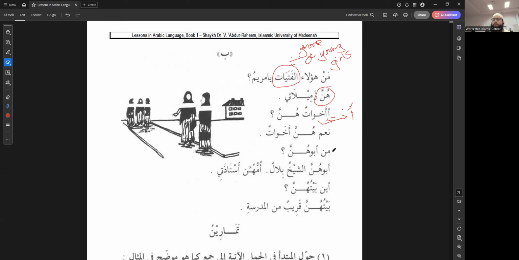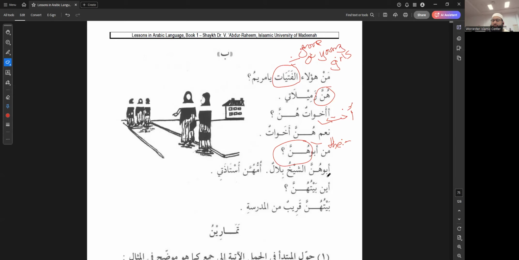Naam, hunna akhawatun. Yes, they are sisters. Man abuhunna. Now, when you add the hunna at the end of a word, it means their. Who is their father? Man abu hunna.